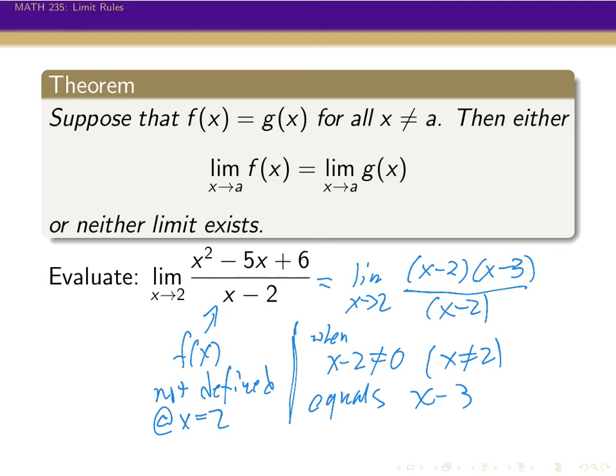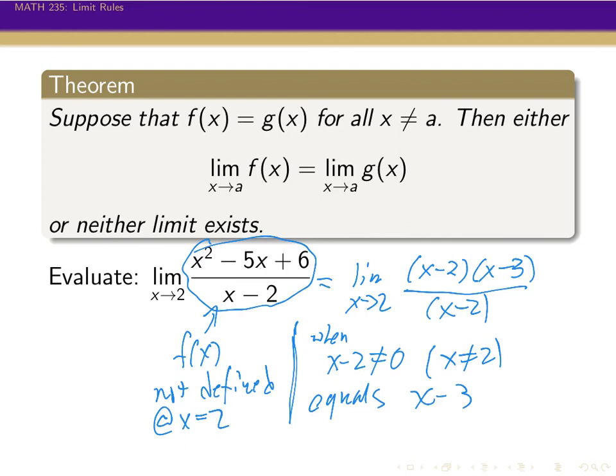Because x minus 2 divided by x minus 2, we're not dividing by 0, so we're allowed to cancel. And so x minus 3 is equal to our original rational function for all values except specifically at x equals 2.